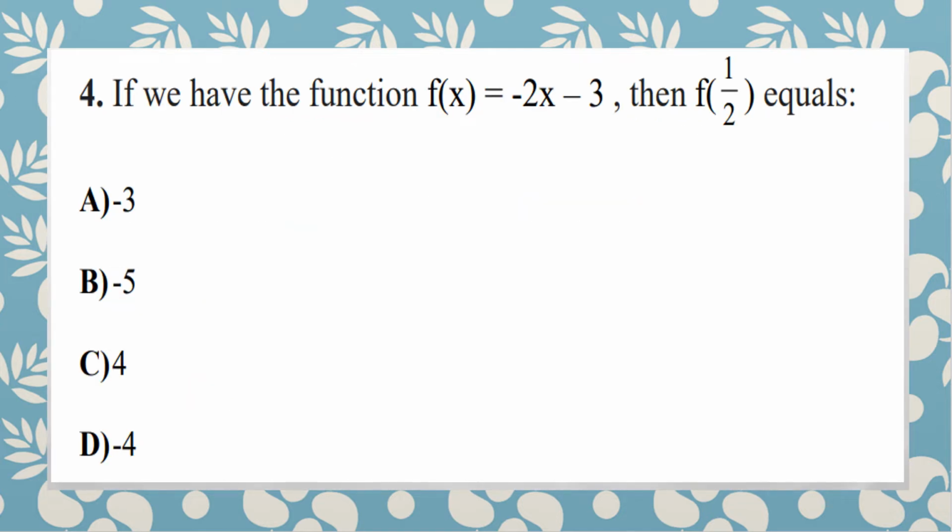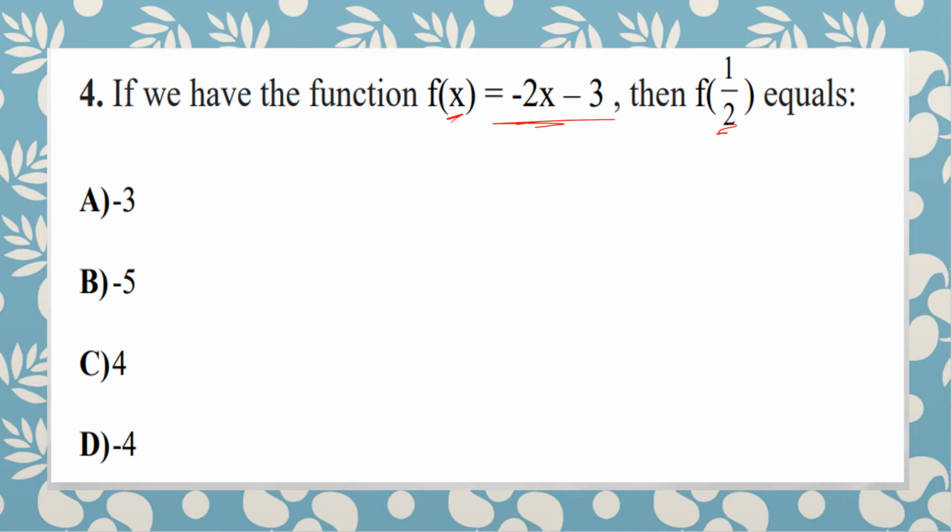Question 4. If we have the function f of x equals minus 2x minus 3, then f of half equals, in this question he would like you to substitute the value of x with half in this function.